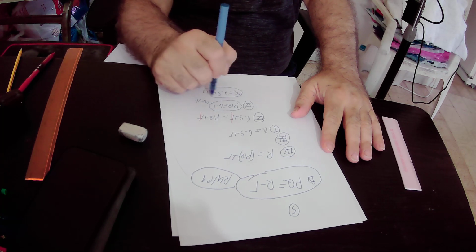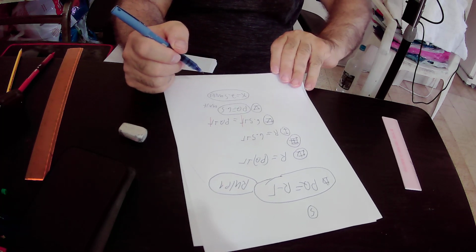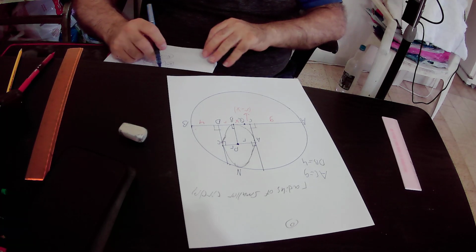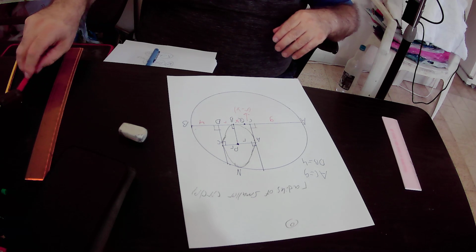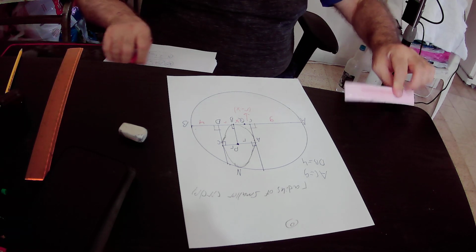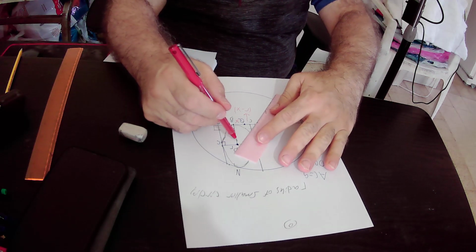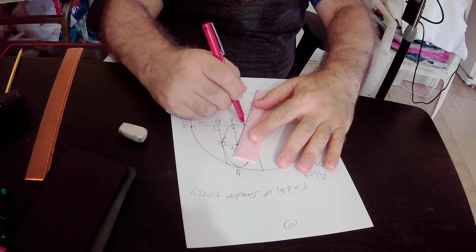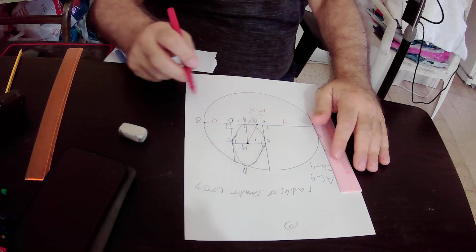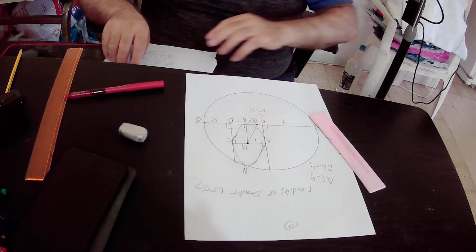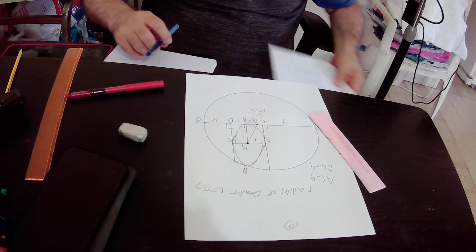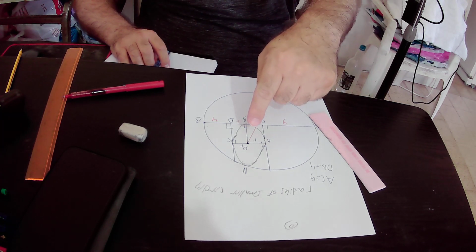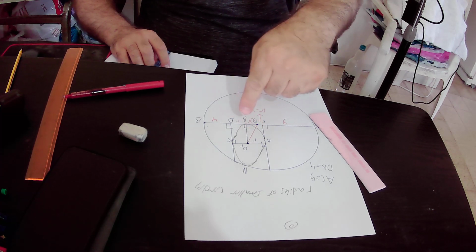Okay, so actually here we have a right triangle. Triangle PQB is a right triangle because this angle PBD is a right angle.